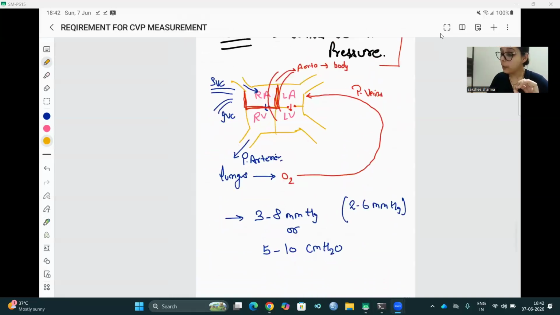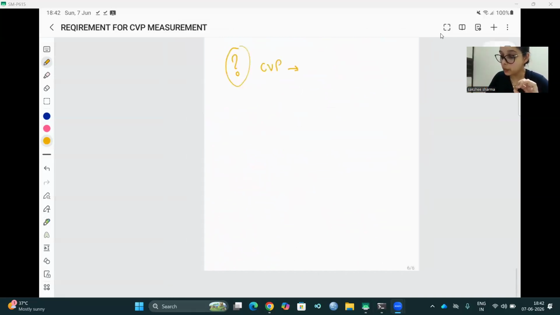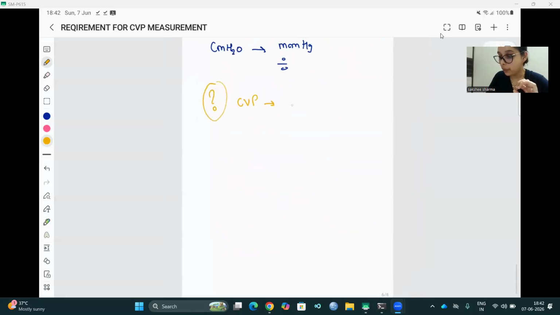Hence, with preload, what else are we getting to know? We are also getting to know about the amount of fluid in our body. Is it increased or is it decreased?